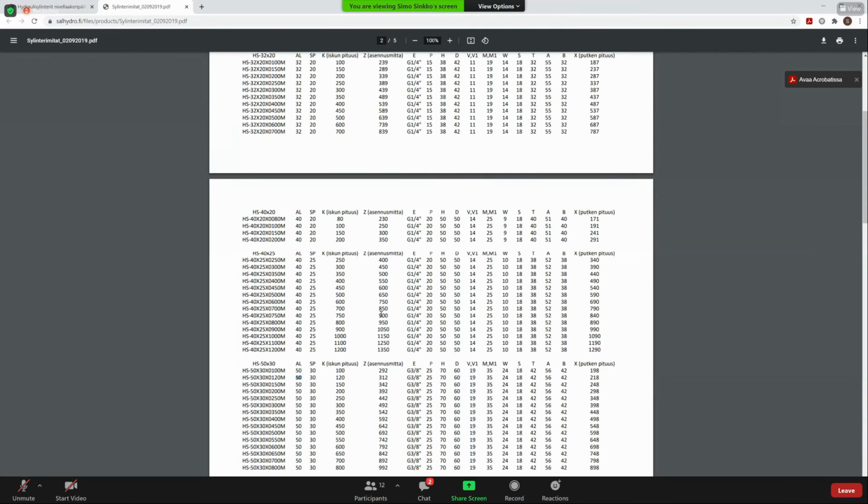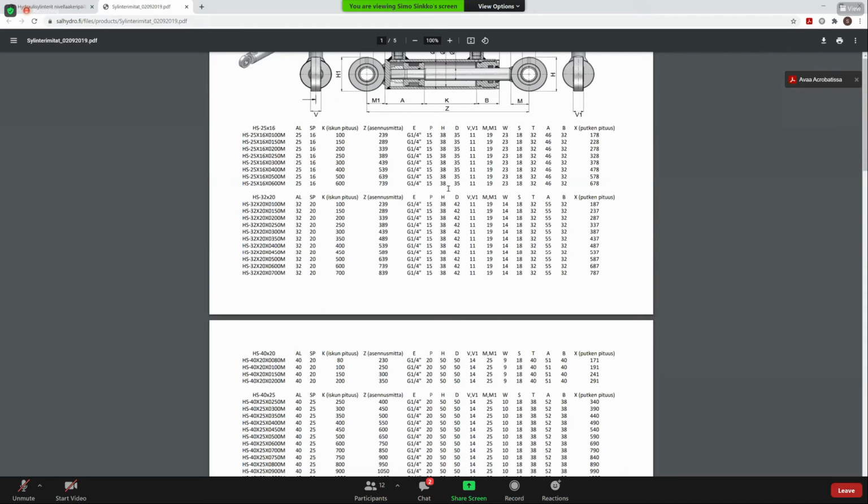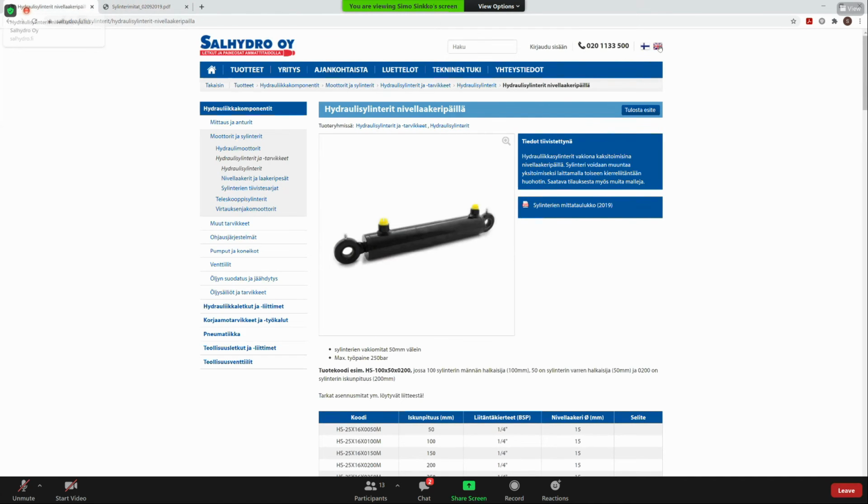But like I told, this is just one example. You are free to use any cylinder you find in the internet. This was just something that I think was quite clear, the picture here, and quite clearly told these different things that has any effect. Could you please leave the link for this website or PDF file on the Moodle? In Moodle. Yes. Actually, it seems that they have an English page as well.